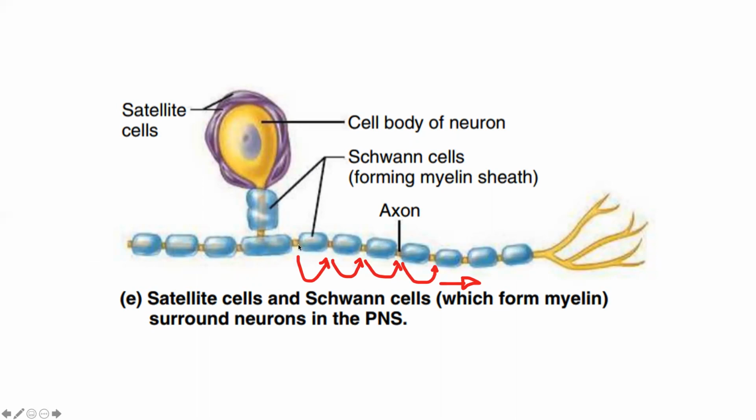If there is a myelin sheath here, a Schwann cell forming the myelin sheath, the nerve impulse, instead of going like that, will jump from one node of Ranvier, which is the non-myelin-covered axon site, from here to there, here to there. Because of this saltatory propagation of the electrical impulse, it increases the speed of conduction and it is more efficient.